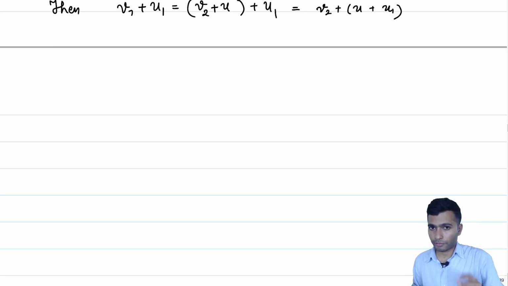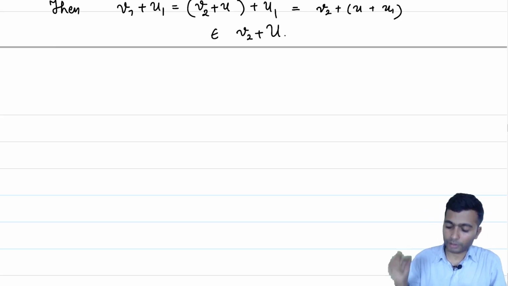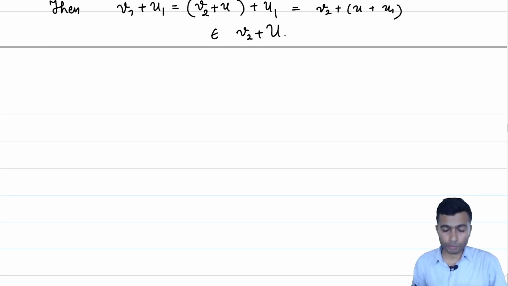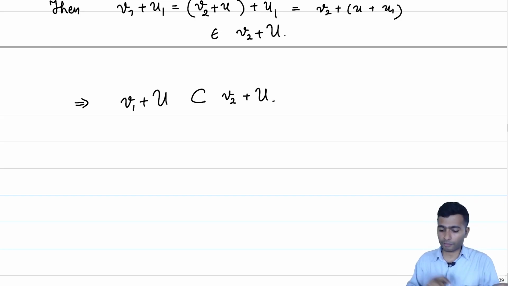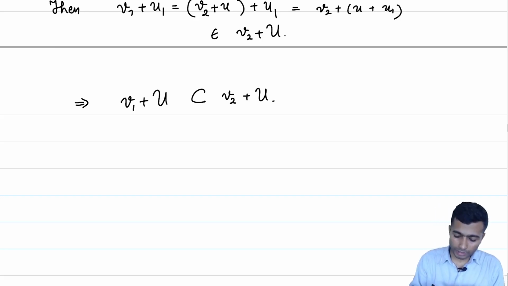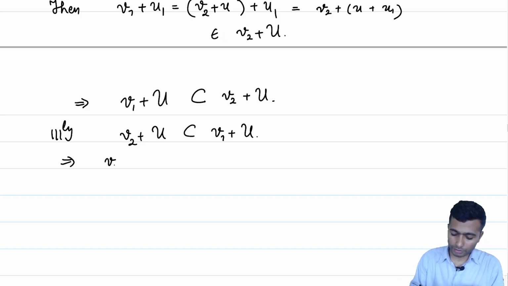But u plus U1 is an element of capital U. This hence belongs to V2 plus capital U. So essentially what we have shown is that V1 plus capital U is contained in V2 plus capital U. But this is a symmetric argument. Instead of starting with V2 and V1, we could have done the other way. And similarly, it can be shown that V2 plus U is contained in V1 plus U. That implies that V1 plus U is equal to V2 plus U.